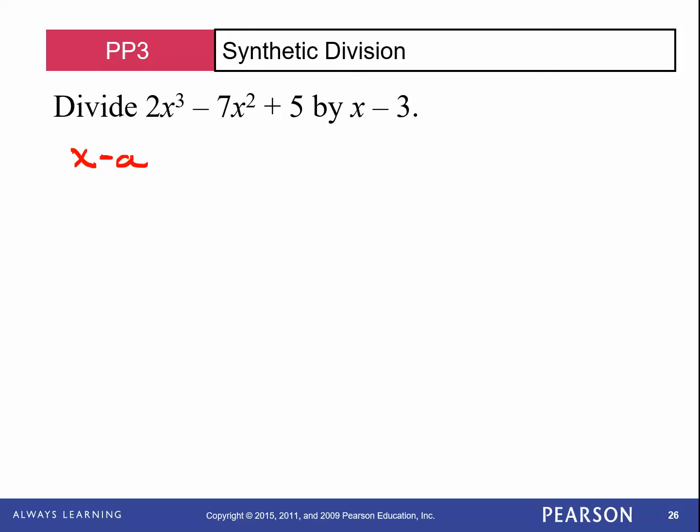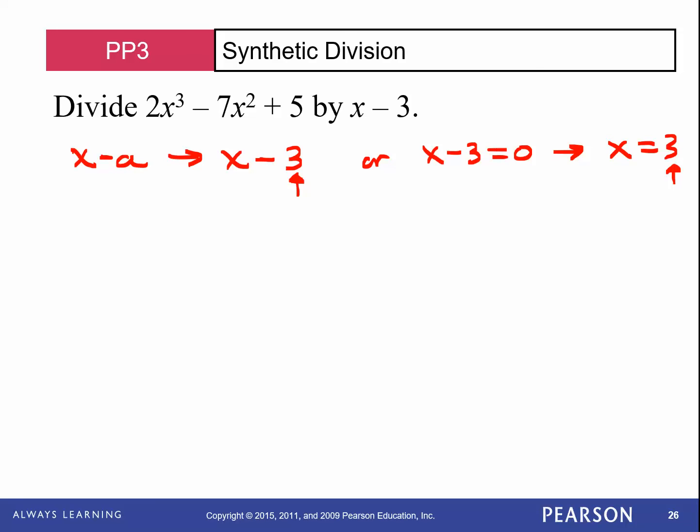This time positive 3, right? Yep. Also, the way the book does it, it says x minus a is the formula. We have our divisor x minus 3, therefore a is equal to 3. Or you can just solve it for 0, whichever way you want to do it. That's kind of the same way.